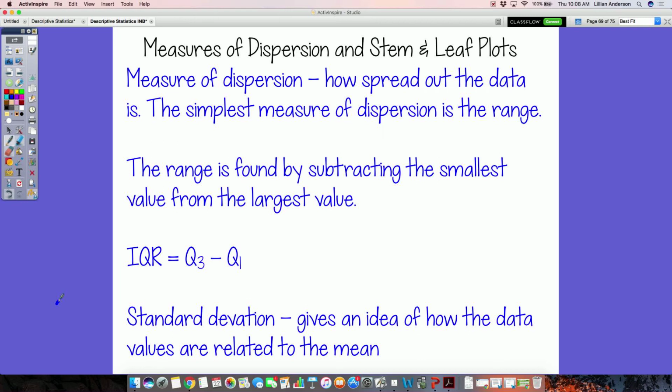Now, one that we haven't talked about yet that is new is standard deviation. Standard deviation gives you an idea of how the data values are related to the mean.